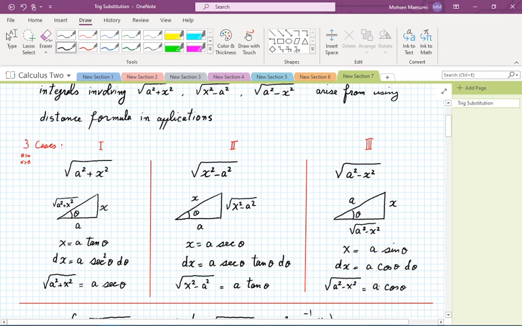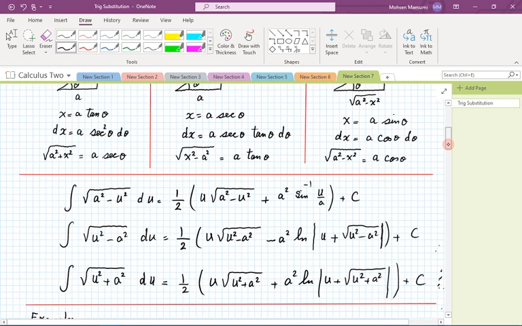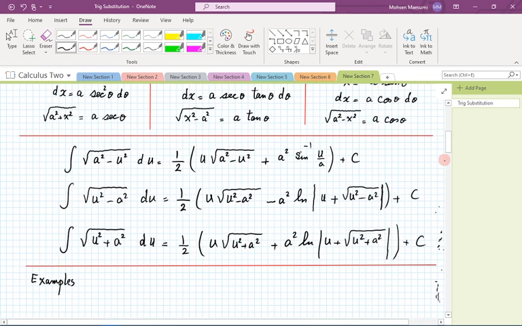We are going to be making use of these substitutions very often. One set of very important formulas that comes out of this, I have recorded here, so you might have them in your table.